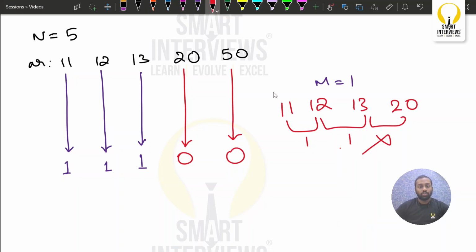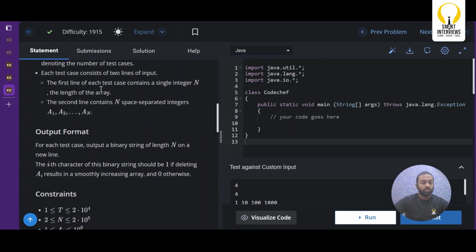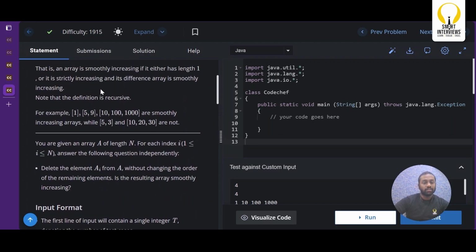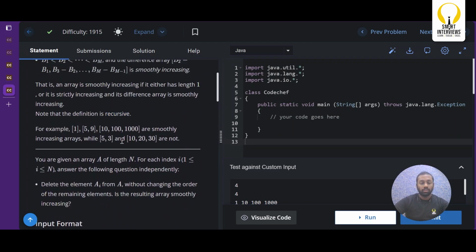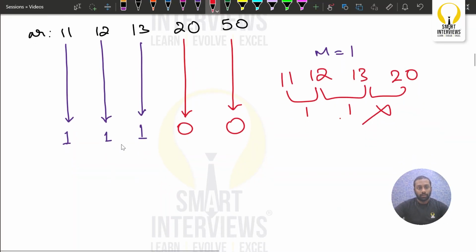So I hope you understood that we are required to do something over and over again, which can be done by loops, and as he mentioned that the definition of smoothly increasing is recursive in nature, you can do it with recursion as well. Now, if I try to simulate this, what do you think will be the time complexity?